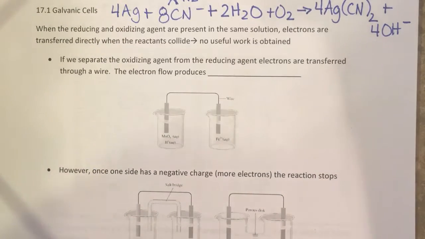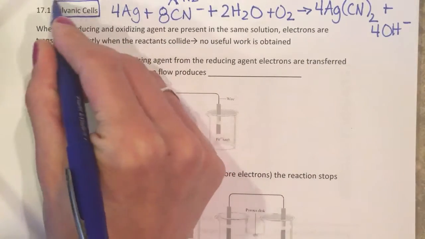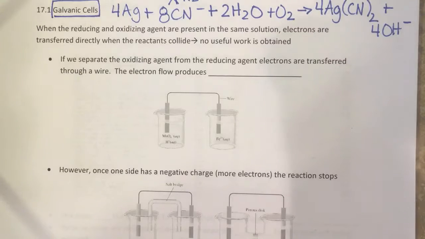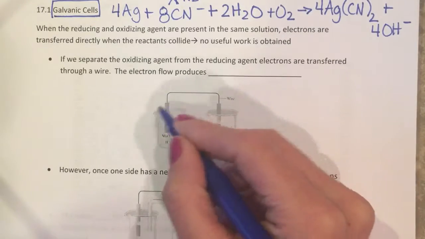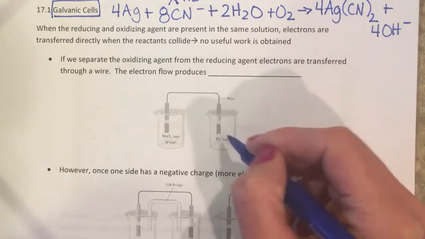So the nice thing about redox reactions is we can use them to make something called a galvanic cell. Now, what we're going to be doing is we're actually going to separate our 2 half reactions. So we're going to have one side that's being oxidized and one side that's being reduced.